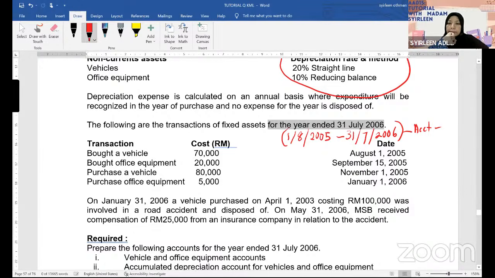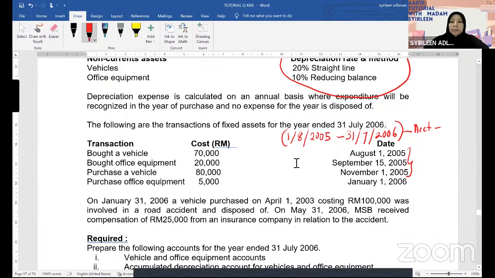On 1st August 2005, it bought vehicles. Then on 15 September it bought office equipment, and then purchased another vehicle on November 1st, and then purchased another equipment on January 1st, 2006. Those who don't notice will assume these three won't be recorded because it is 2005, whereas your account is 2006, which is actually wrong.